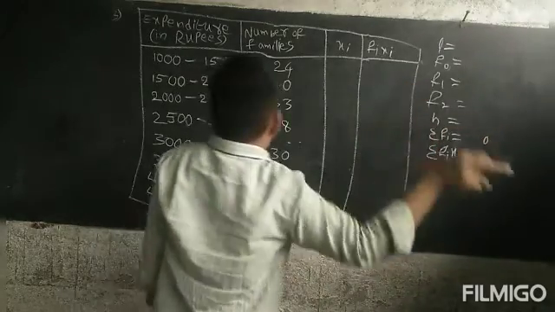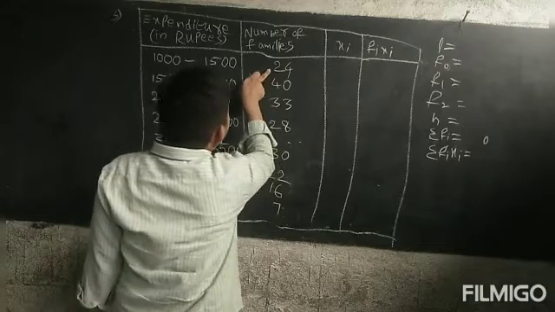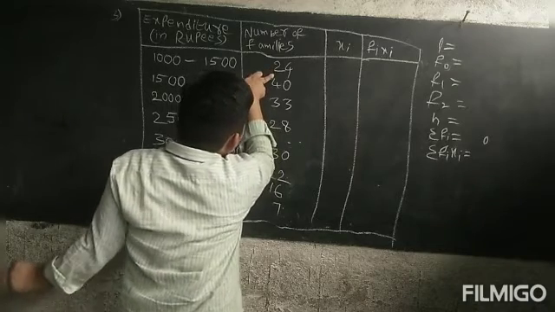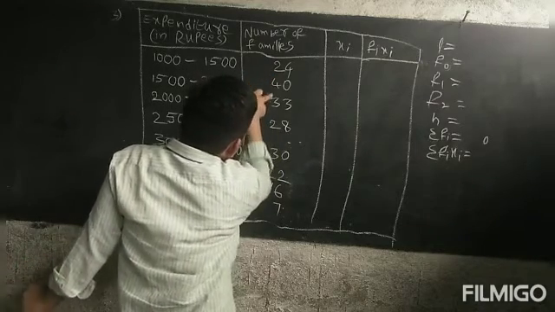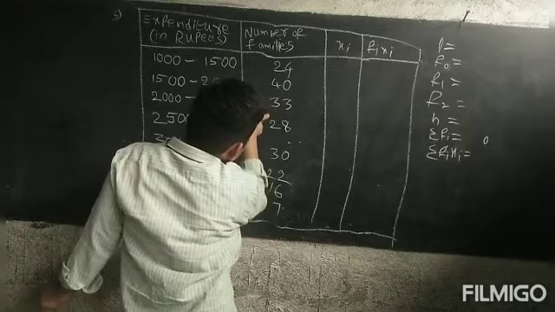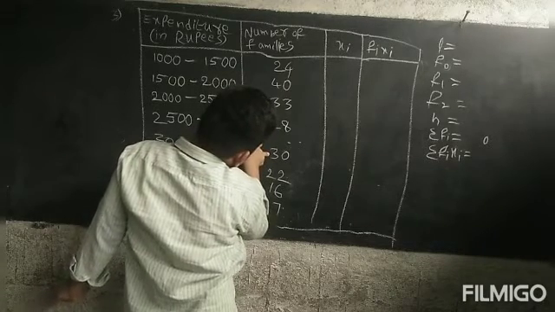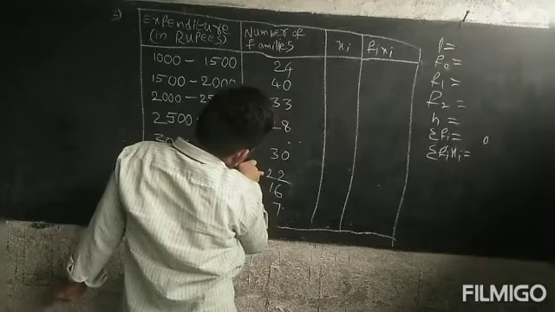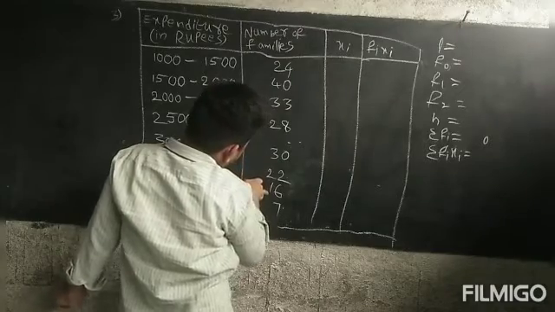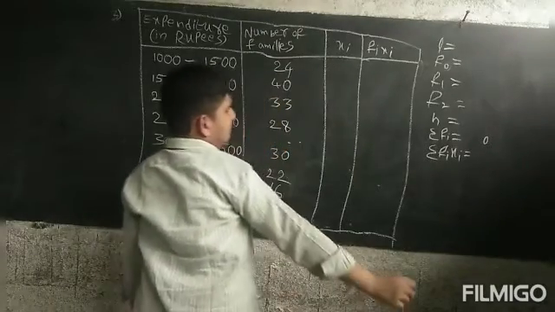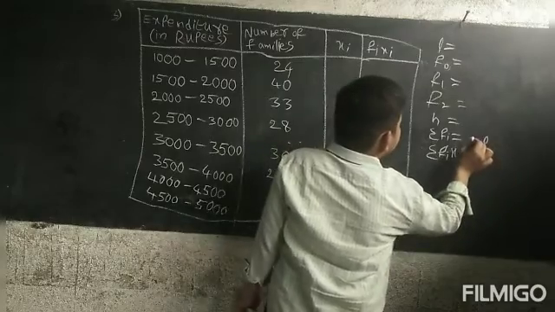Now 3, 3 plus 2, 5. 5 plus 4, 9. 9 plus 3, 12. 12 plus 2, 14. 14 plus 3, 17. 17 plus 2, 19. 19 plus 1, 20. So sigma f equal to 200.